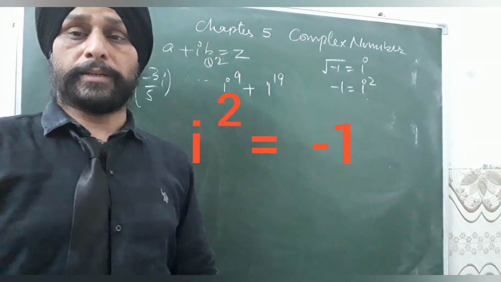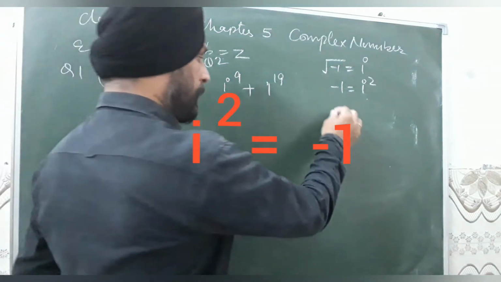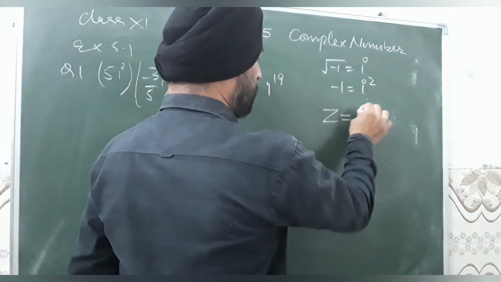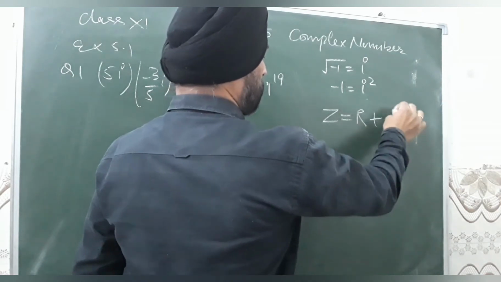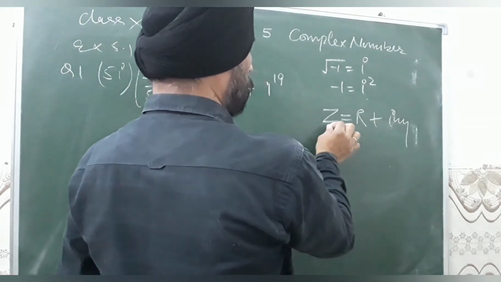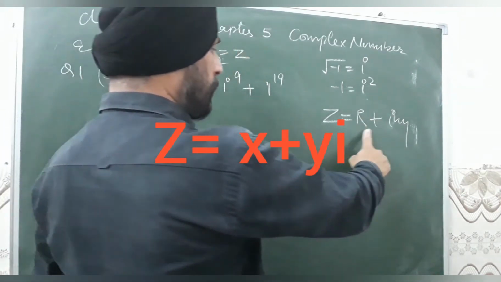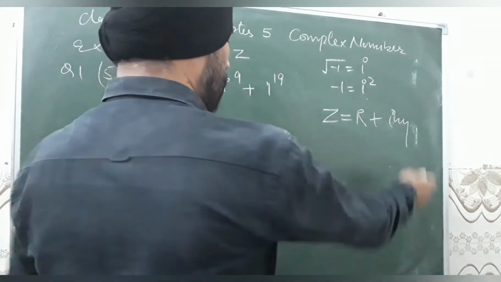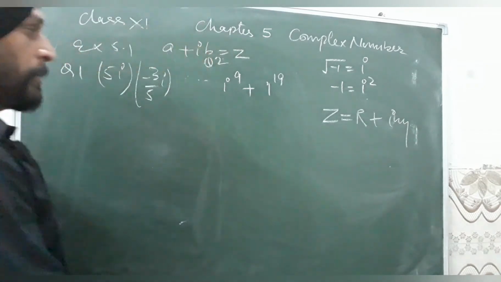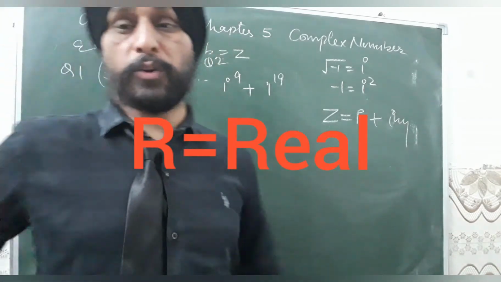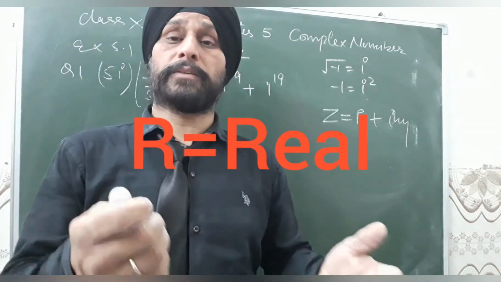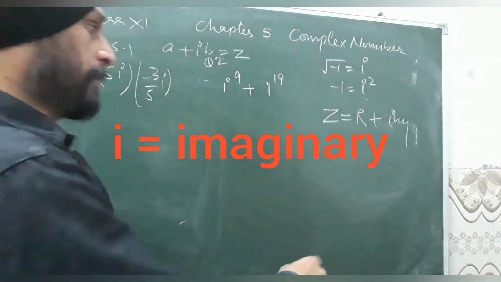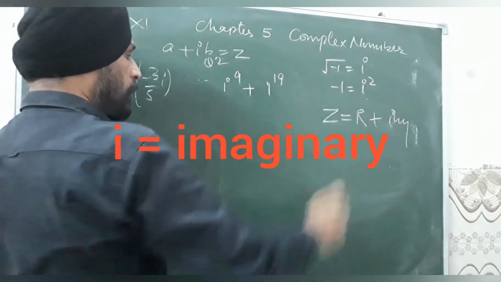Every complex number is in the form of real plus imaginary. Z is equal to real plus imaginary number. Right student? This is the complex number symbol, this is real. All numbers are known as real here. If you find the iota, that is the imaginary number. We have discussed in the previous section what we mean by iota and how we can put the value of the i symbol, because minus 1 is equal to i square.